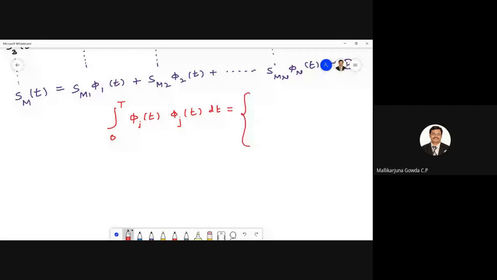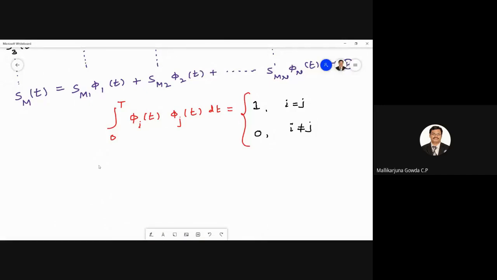This will be equal to 1 for i equal to j, and it will be 0 when i is not equal to j. Hope you all have remembered this equation. It's also an important relation which you need to know.